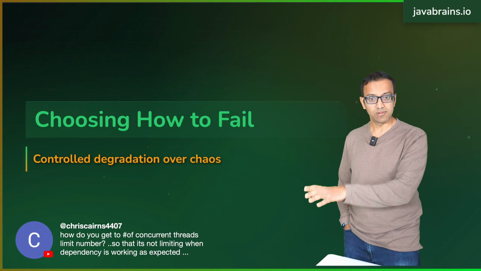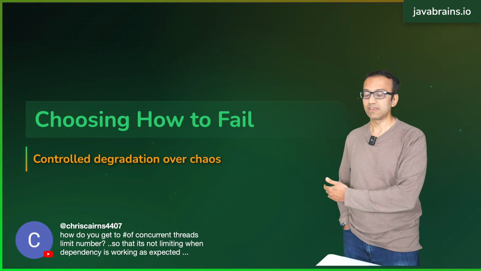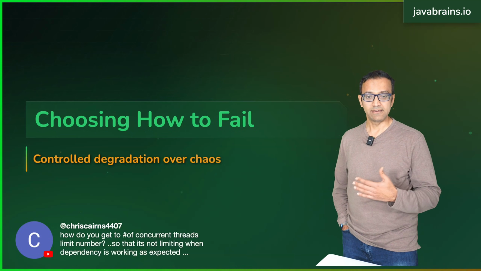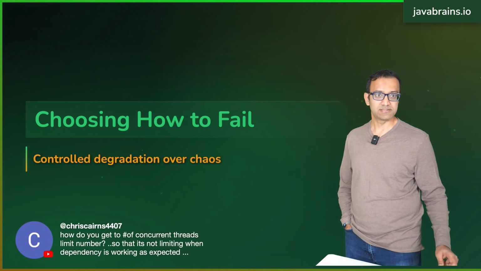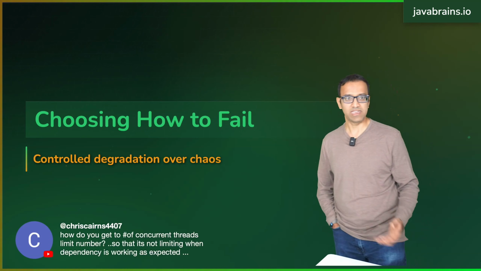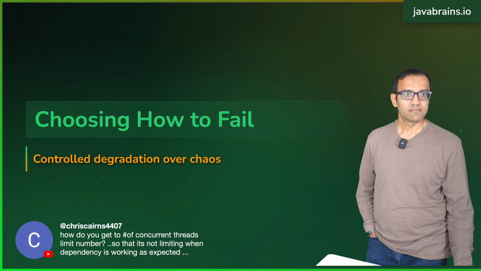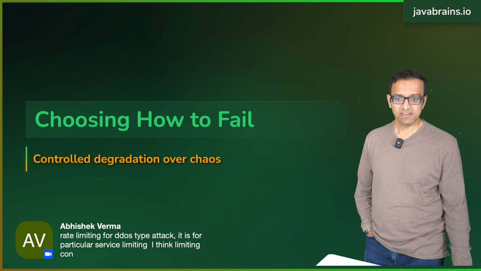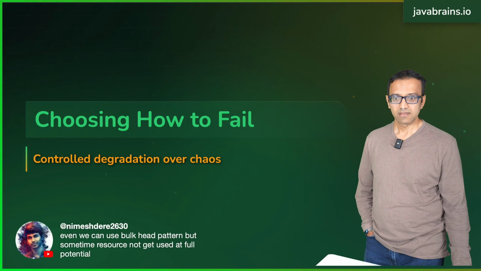See the thread pool, how many threads you have available. You can look at the QPS and make a calculated assumption based on that, and then tweak as you go. Even you can use the bulkhead pattern, but sometimes resources are not getting used at full potential.